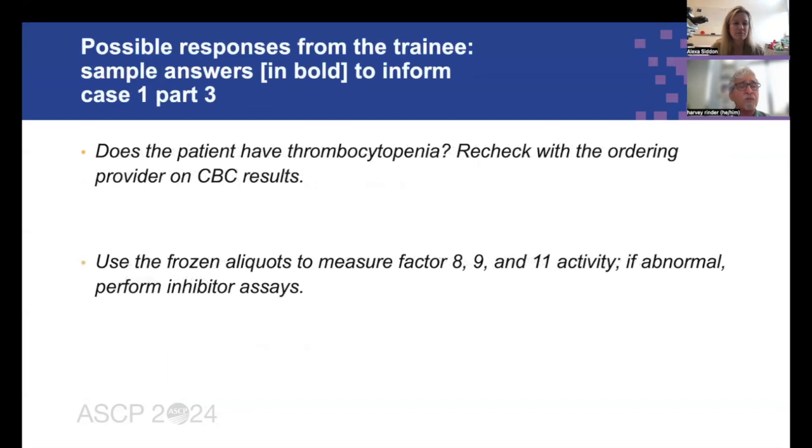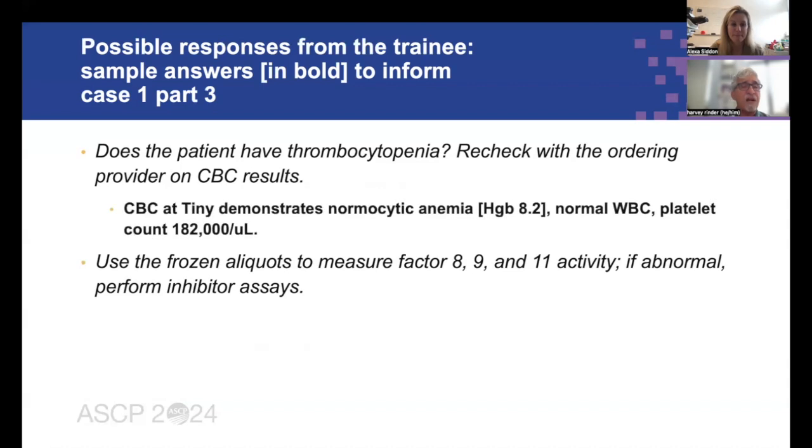So now our response. They've asked about thrombocytopenia. So they're going back to the clinician for CBC results. We do that. And we find that the CBC at Tiny Hospital showed a normocytic anemia, a normal white count, and a normal platelet count at 182,000.